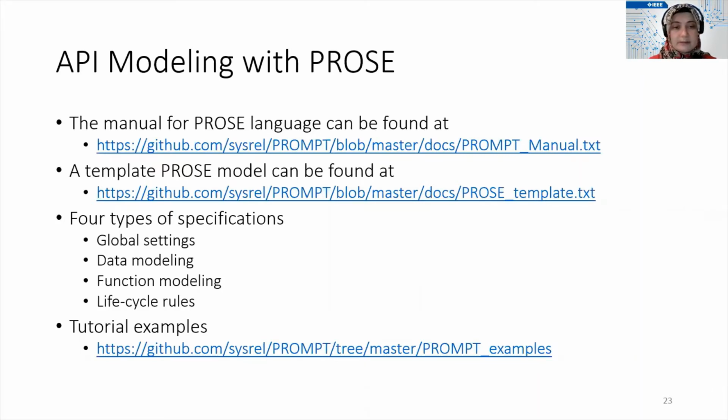You just need to comment out what you need and of course include specific constraints, constants that are relevant for your model. We'll explain these 4 aspects of PROSE: global settings, data modeling, function modeling, and lifecycle rules. I think we have sufficiently rich tutorial examples for you to learn these features.